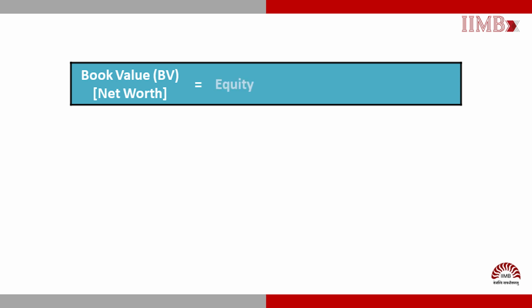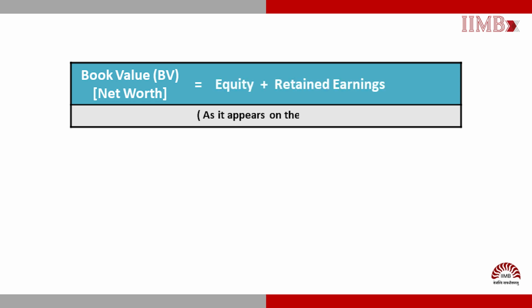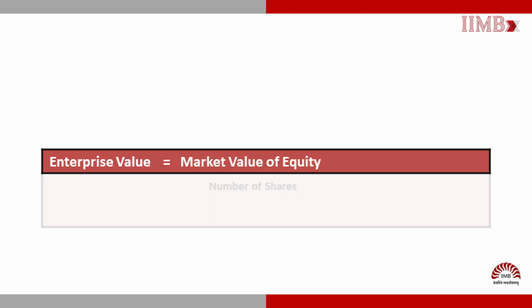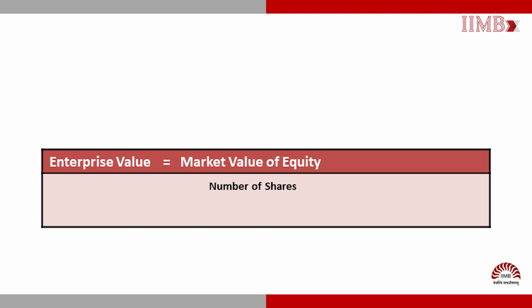That means equity plus retained earnings as appearing on the balance sheet of the company. Enterprise value of the company, on the other hand, is the market value of equity. That means number of shares or stocks multiplied by the market price per share plus the market value of debt.